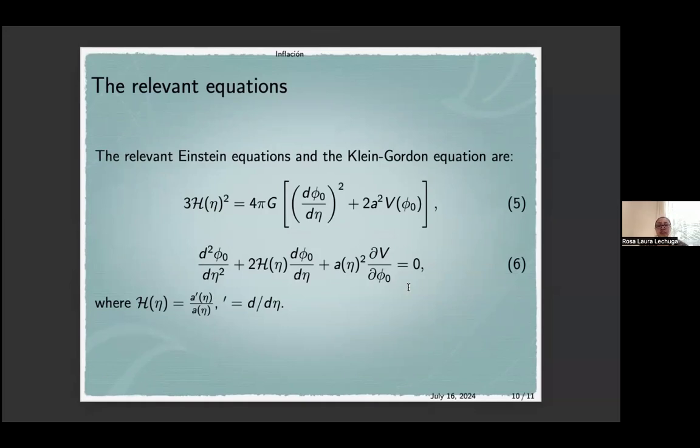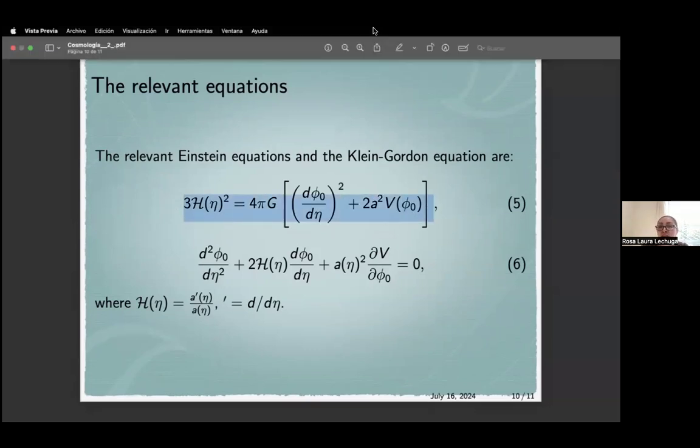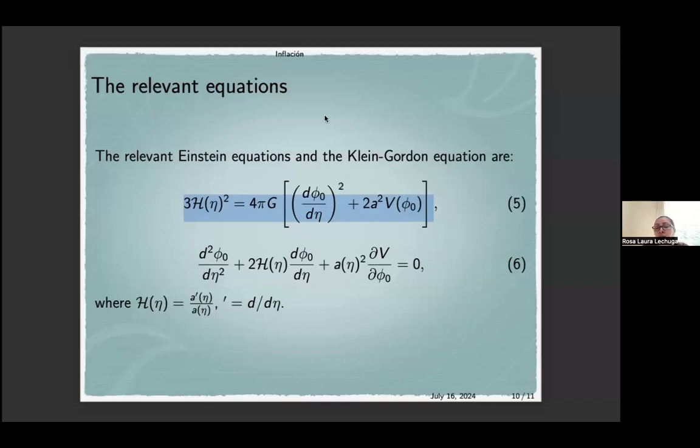You can read this equation as similar to the Friedmann equation that I mentioned in the last slide, and this is the Klein-Gordon equation, and you can recognize the form as well.